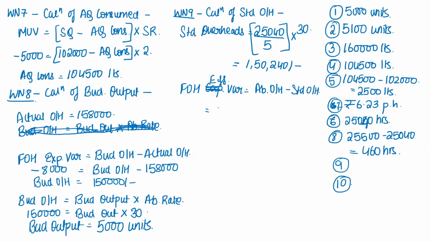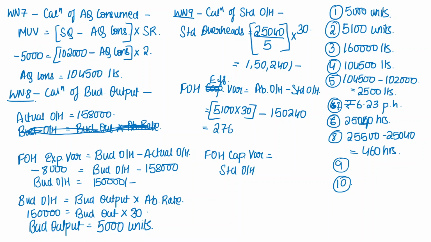You have produced 5,100 units and on each one of that you have absorbed 30 rupees. Minus 1,50,000 240. फटाफट से बता दो. 2,760 favorably.